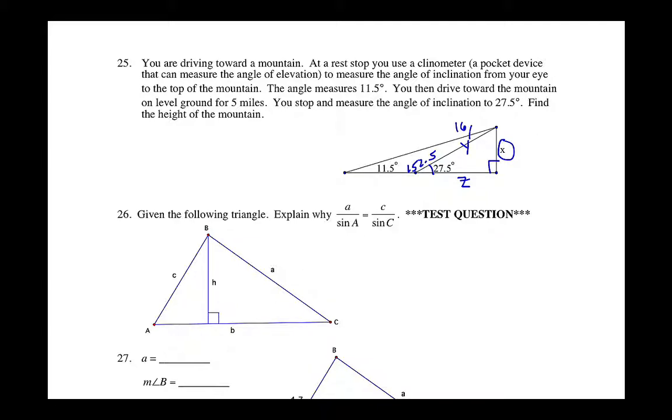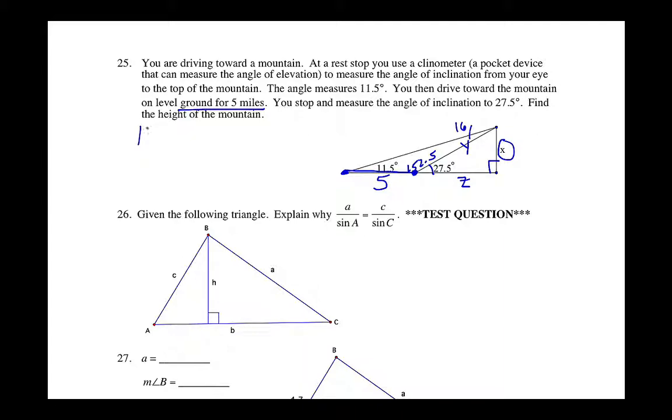Now the reason that's important to me is because it tells me I was driving at ground level for 5 miles. So this length from where I took the 11.5 over to where I stopped and took the 27.5 degree measurement is 5 miles. And that 16 degrees is opposite the 5.